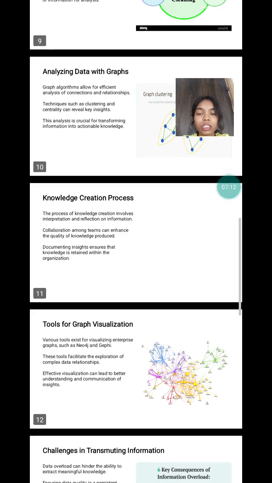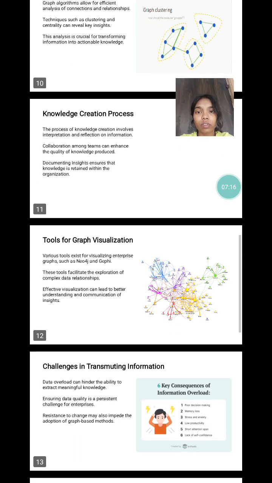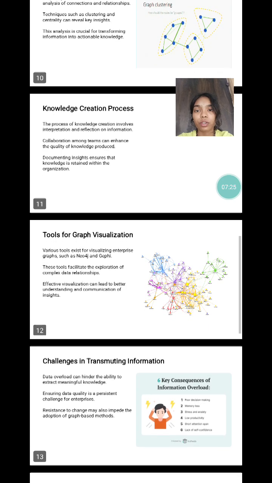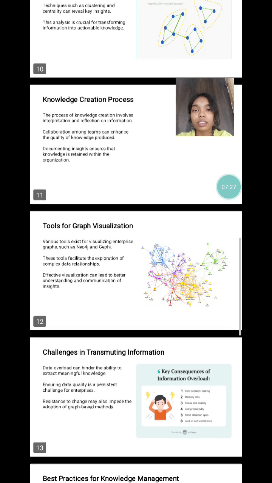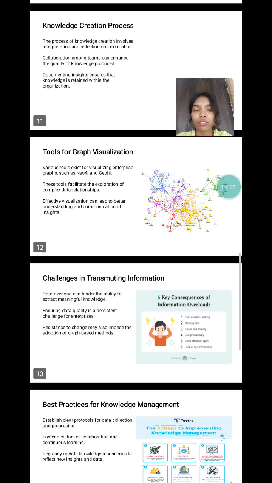Now, the knowledge creation process. The process of knowledge creation involves interpretation and then reflection on information. Collaboration among teams can enhance the quality of the knowledge produced, and documenting insights ensures that knowledge is retained within the organization.